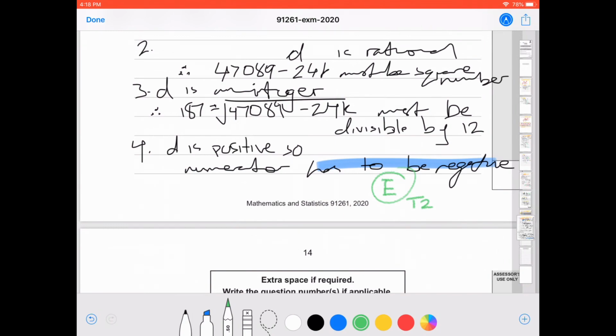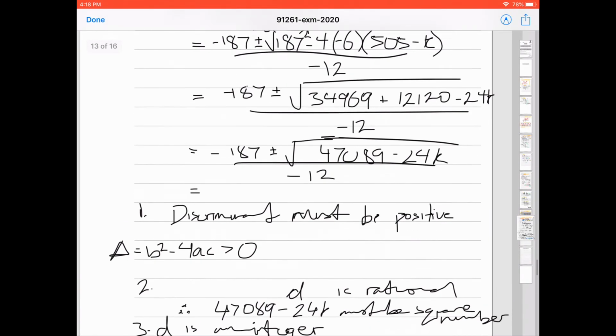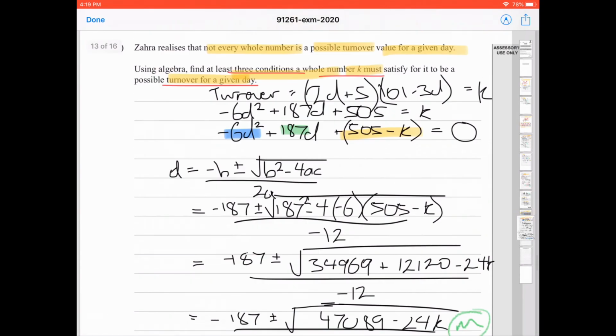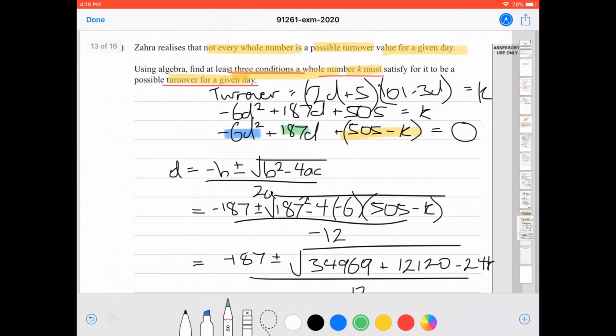Let's just say the first one will get you an E7, so excellence and T1, that is. Now your merit is finding a simplified expression for D. So this step here is a merit, and you achieved rearrangement of the equation set to 0. So that is where we rearranged k for the equation to equal 0. So achieved for that. Okay.